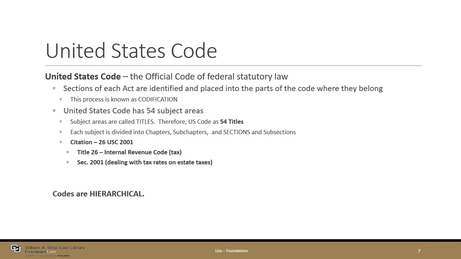Now, there are chapters and subchapters arranged between Title 26 and Section 2001. You can look it up to see how it's organized, but the takeaway is that the codes are not only organized by subject, but they're hierarchically arranged.